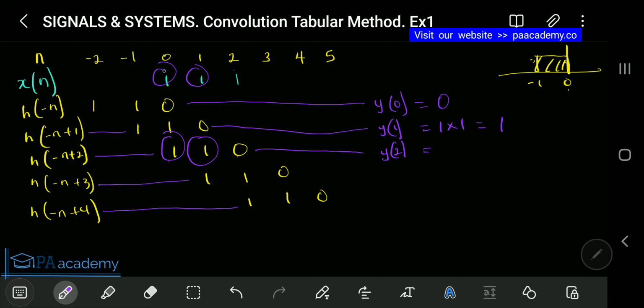Since this is on the same line with this, and this is on the same line with this, we are going to write 1 times 1 plus 1 times 1, and that will give us 2. Depending on the values, we are going to also look at another example. As you can see, this is example 1. So that will give us 2.